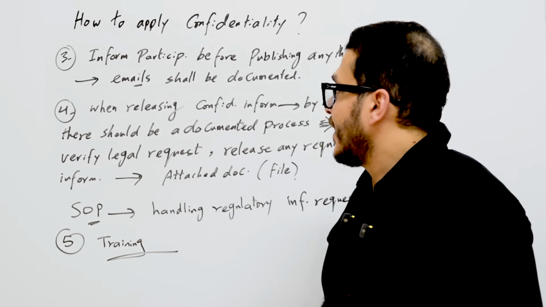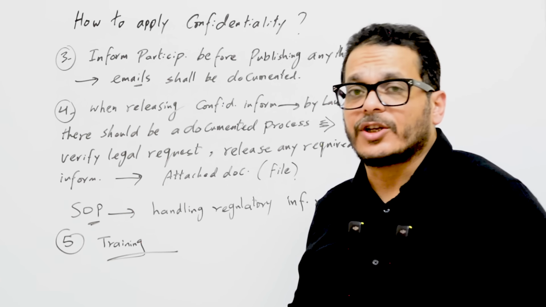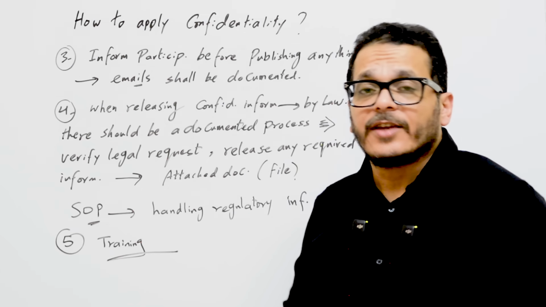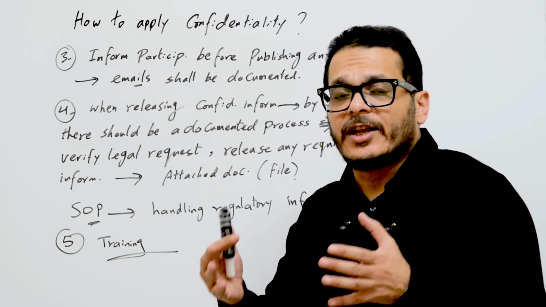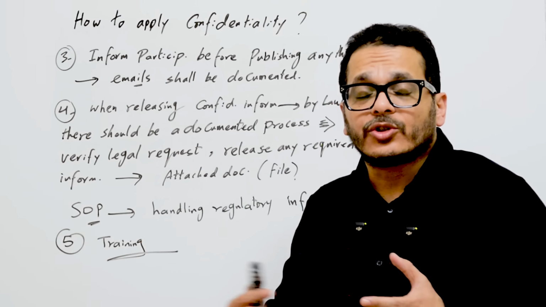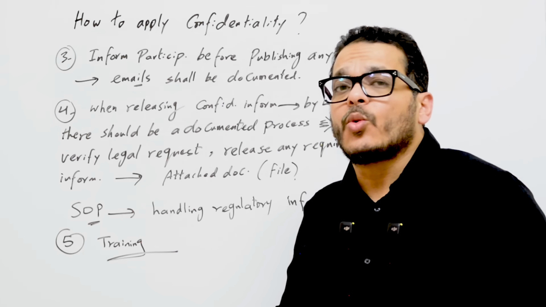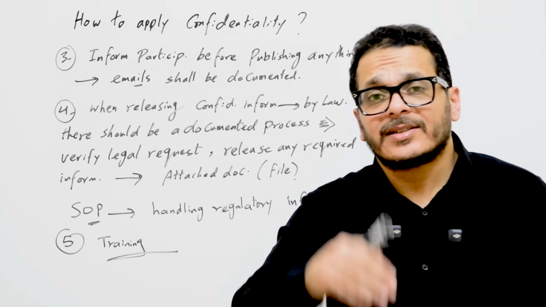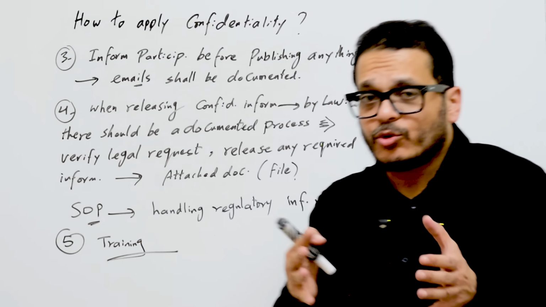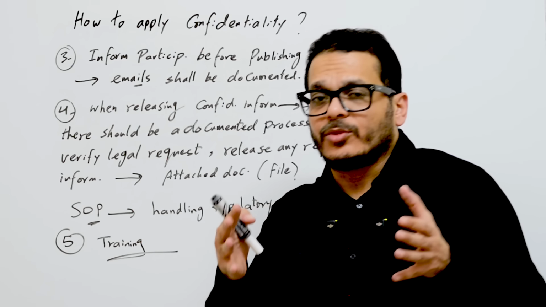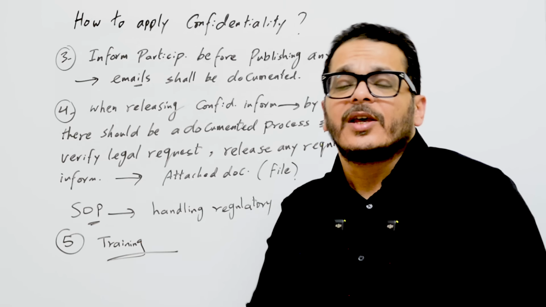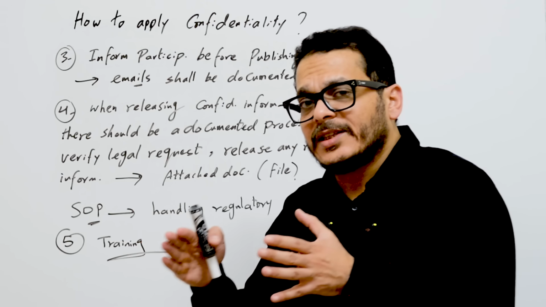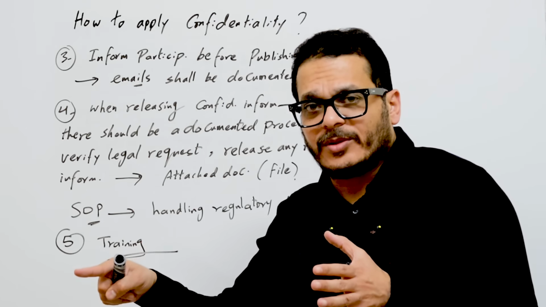And also, when releasing confidential information required by law, if a regulator or any authority or the court or government agency requires any information about a lab under their authority, in this case you have to share this information with them about the PT result or their performance, but you shall notify the lab if not prohibited by law.